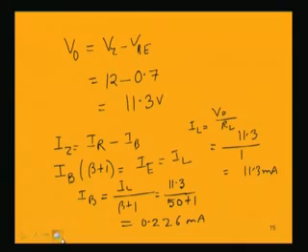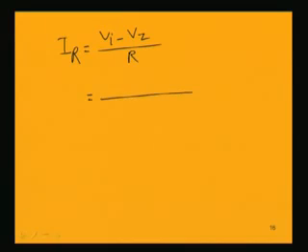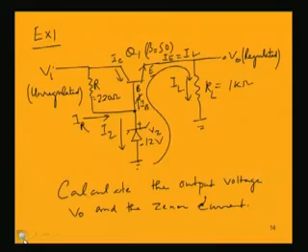We have known the base current. What is the current IR? IR is VI minus VZ by R, and VI is given in this circuit. VI is actually 20 volt, the unregulated voltage.